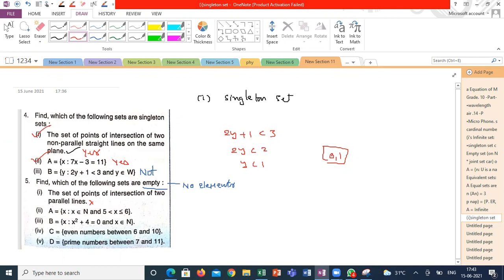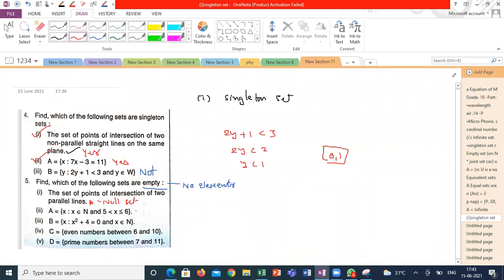If I am not considering the concept of coincident lines, and we mention two different parallel lines, then you can get the answer. As of now, we can consider ambiguity is there, but if we mention two different parallel lines, then what will it be? It's a null set. Yes, sir, null set.